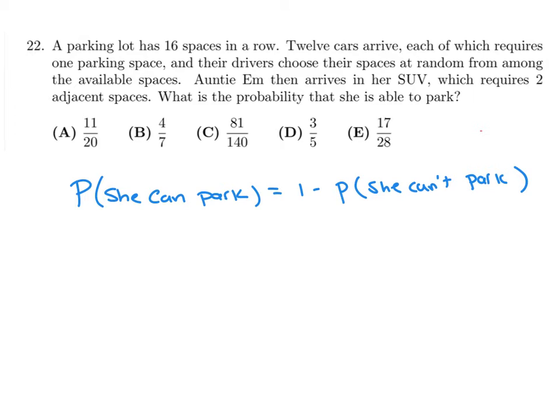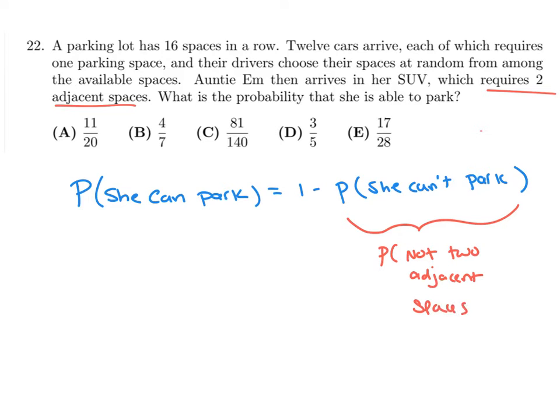And she won't be able to park if there are not 2 adjacent spaces, right? So we need to figure out the probability that there are not 2 adjacent spaces.